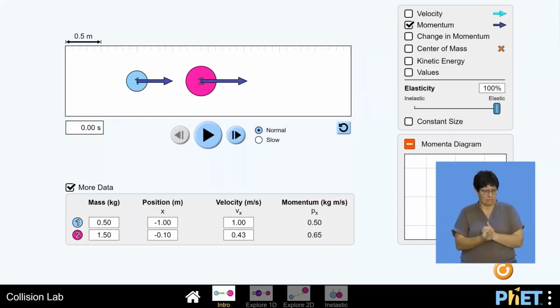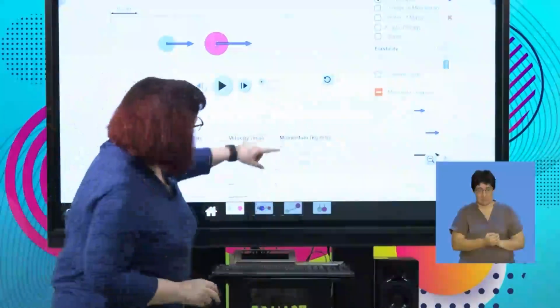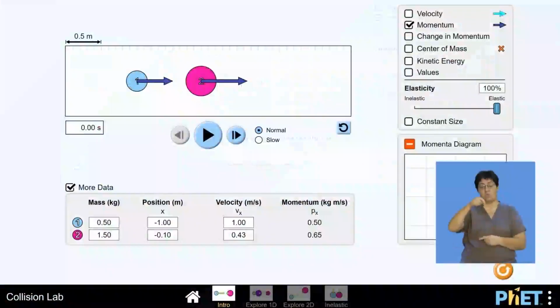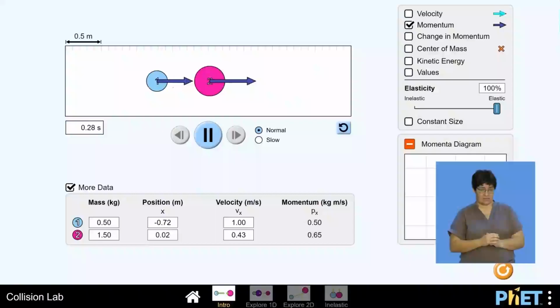So if we think about in cars, it happens quite often, where somebody bumper bashes somebody else. Okay, so the car in front's not going fast enough, and the other one hits it. Okay, we know it all happens. Let's see what happens. Now, first of all, let's do the total. So we have 0.5 and 0.65. That's 1.15. Okay, I'm doing it quickly in my head. You guys can do it on your calculators, okay? But it's positive, so it's to the right. So let's see what happens.